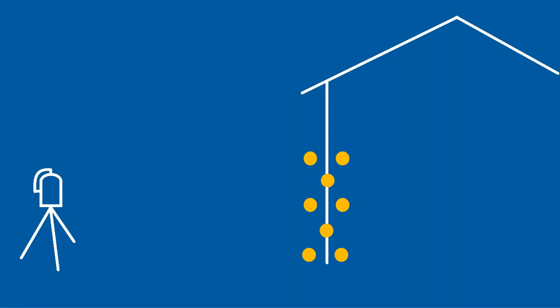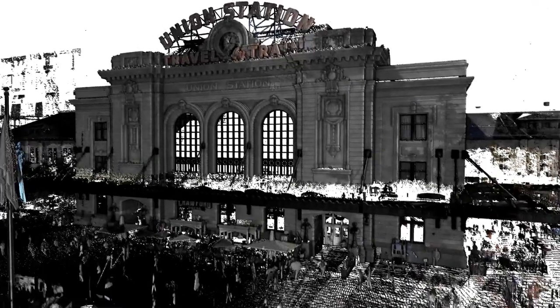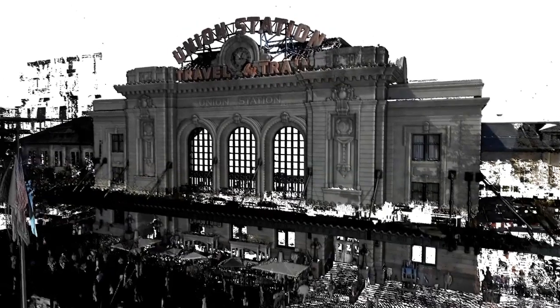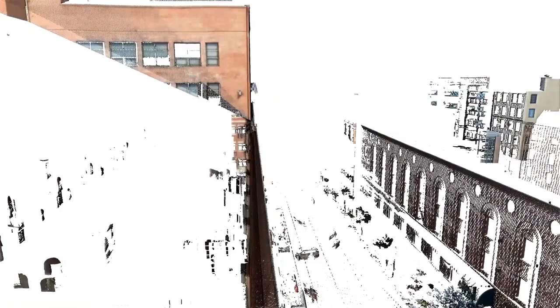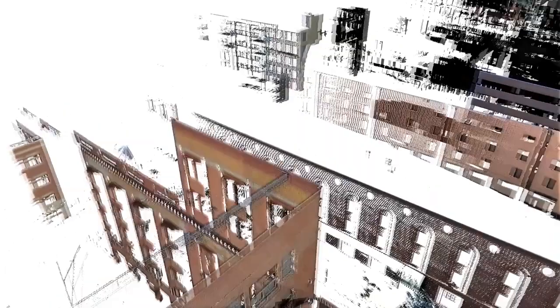All of these points combined create what we call a point cloud. If you want to see an example of a point cloud, I'll show you right here. This is a short video showing a point cloud. These aren't models or meshes. These are, in fact, just millions of points, or billions of points in this case, put together to create this point cloud.